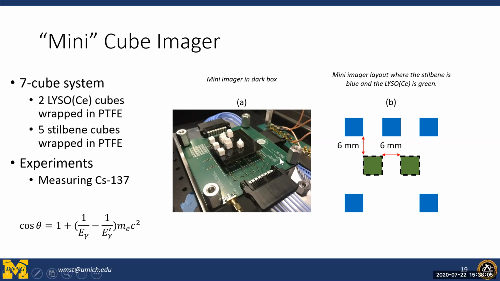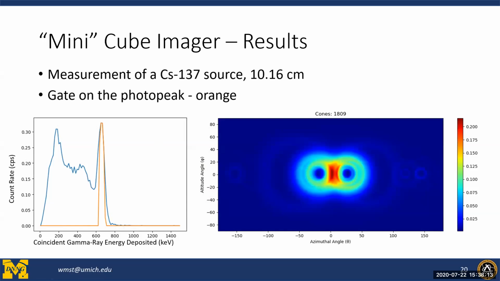So for this system, that's the main reason we use the combination of stilbene cubes and LYSO, such that if we look at a coincident spectrum, so if we only look at coincident events between the stilbene cubes and the LYSO, and we sum the energies of those two interactions, we can get that distribution seen in blue here, which is from a cesium-137 source.